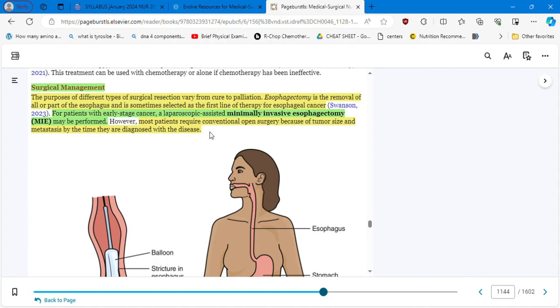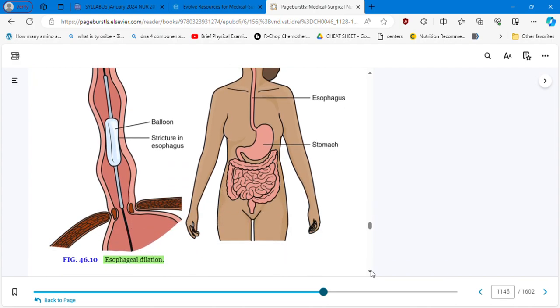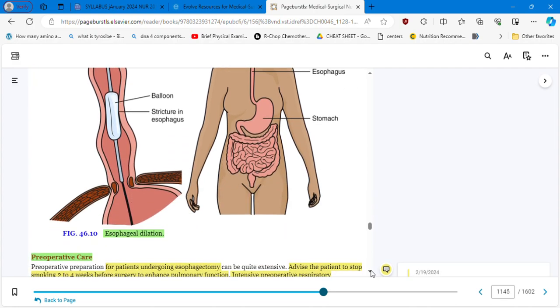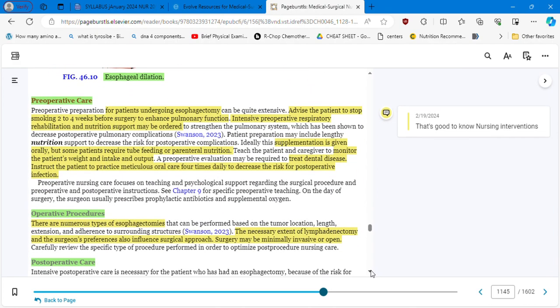Okay, so that is the image, esophageal dilation. Preoperative care for patients undergoing esophagectomy. Advise the patient to stop smoking 2 to 4 weeks before surgery to enhance pulmonary function.